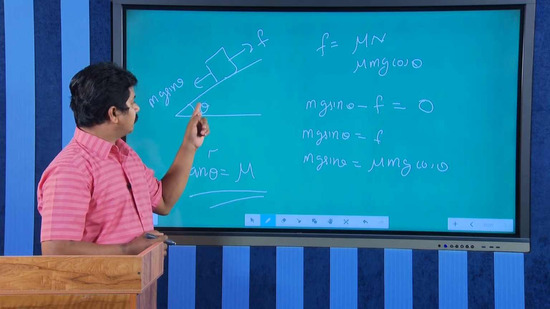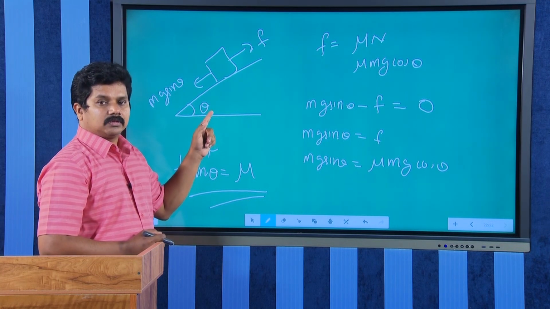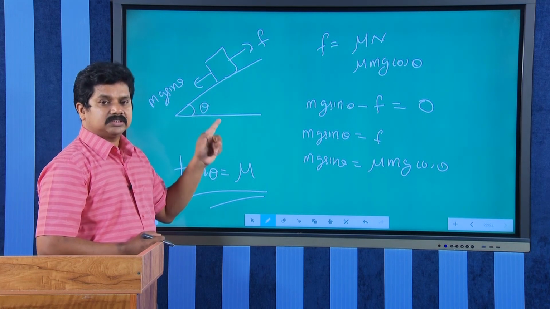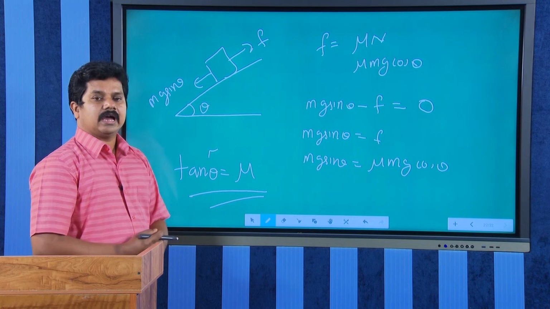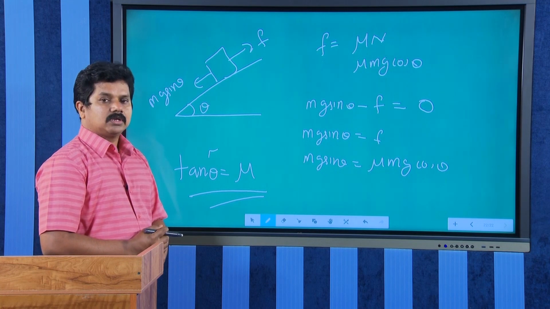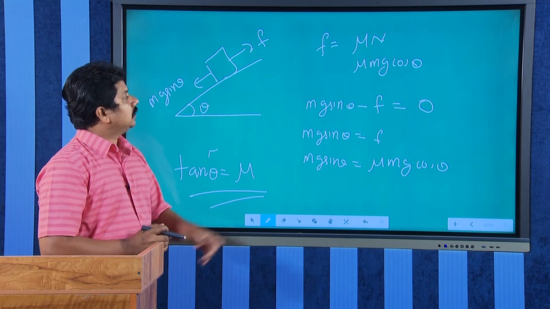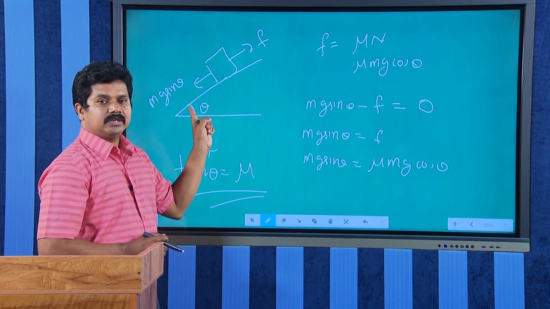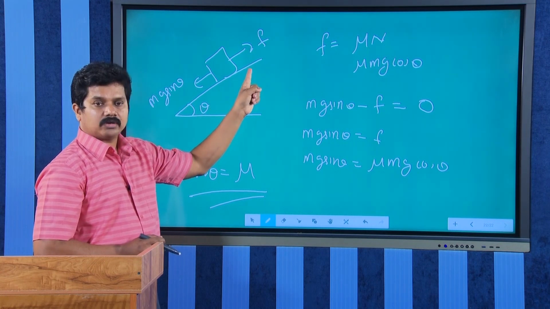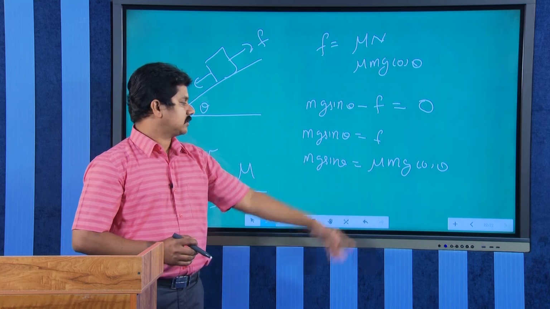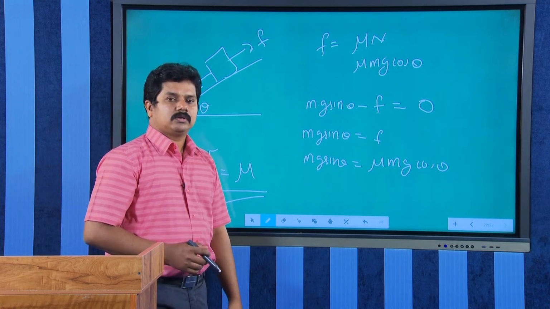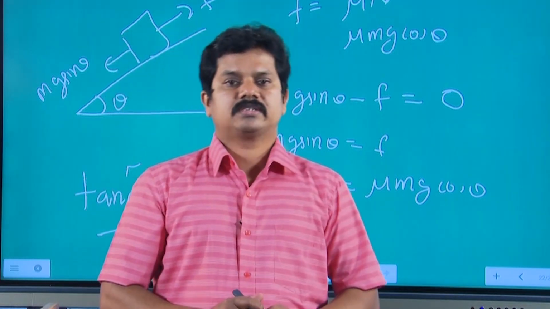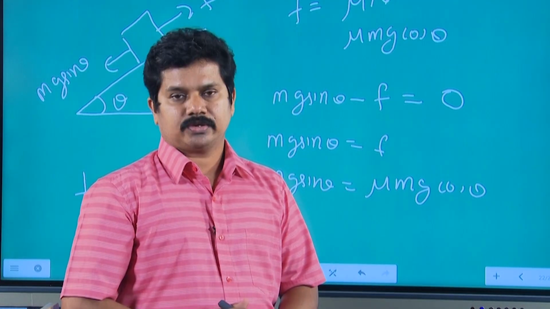The angle of inclination up to which the block stays, beyond which it just starts sliding, is called the angle of repose. So, at the angle of repose, the downward mg sin theta will be equal to the upward friction mu mg cos theta. Now, we get the result tan theta equal to mu. Okay. I hope you understood this. Okay. Thank you.